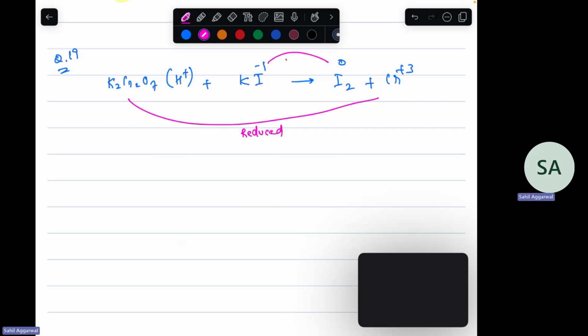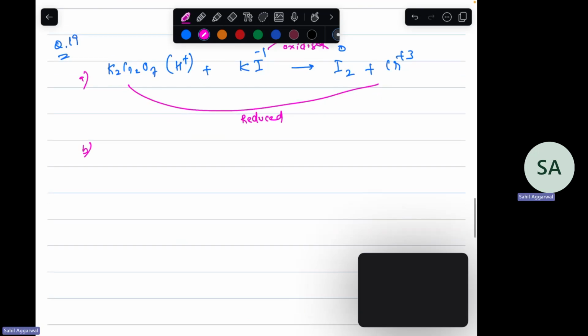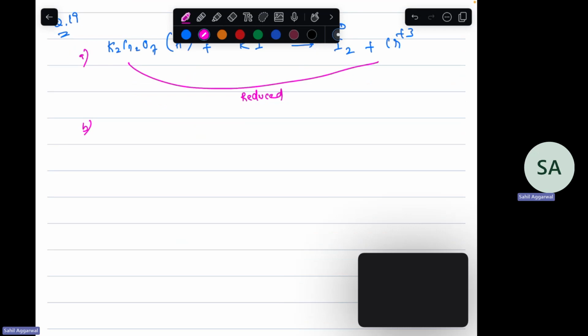This will get reduced, this will get oxidized. That's correct. Acidified K2Cr2O7 is used as a standard solution for the estimation of Fe2 plus. That's correct.